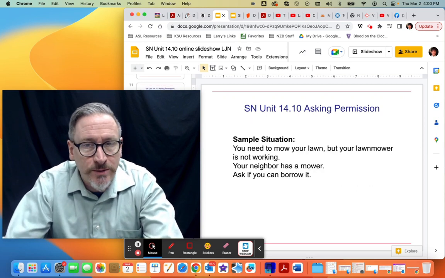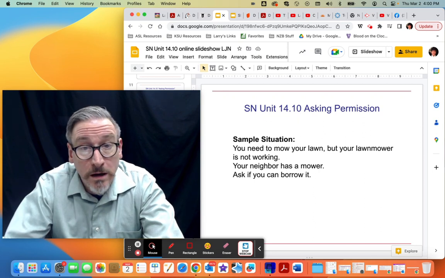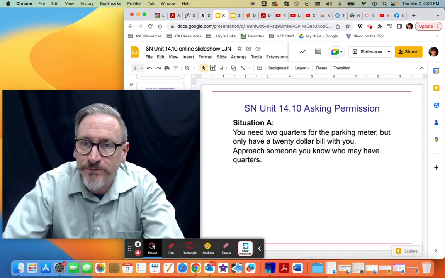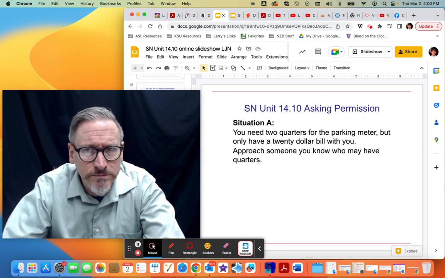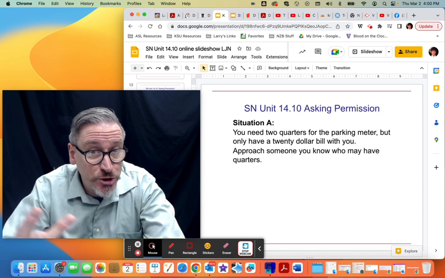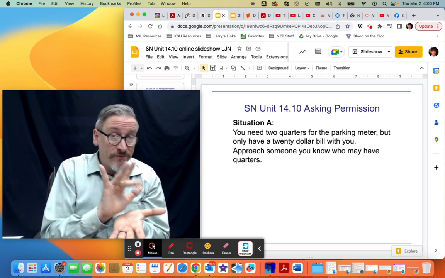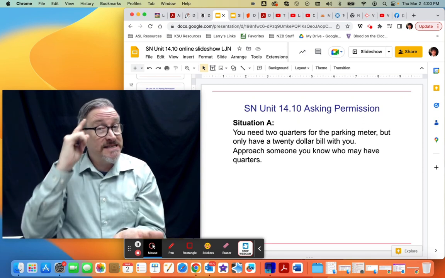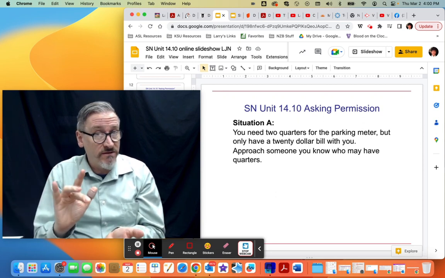So here are the sample situations. Sound familiar? How would you sign quarters? Two coins, 25, 25 cents, or cents 25.